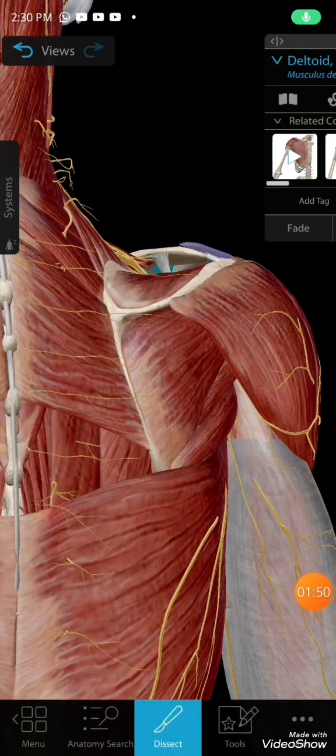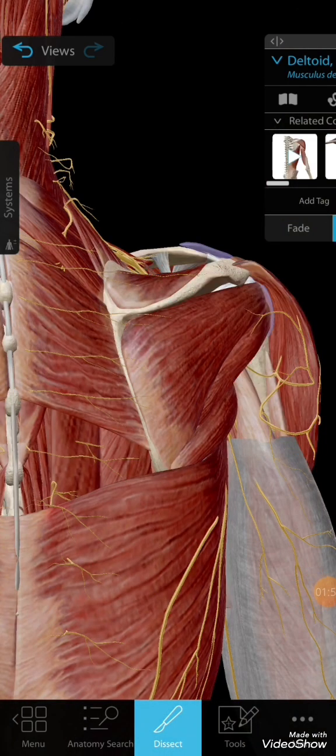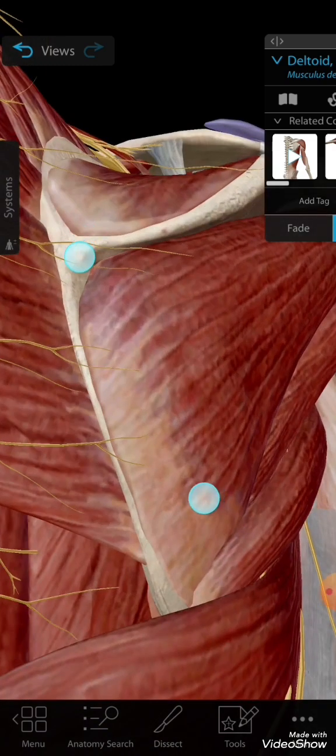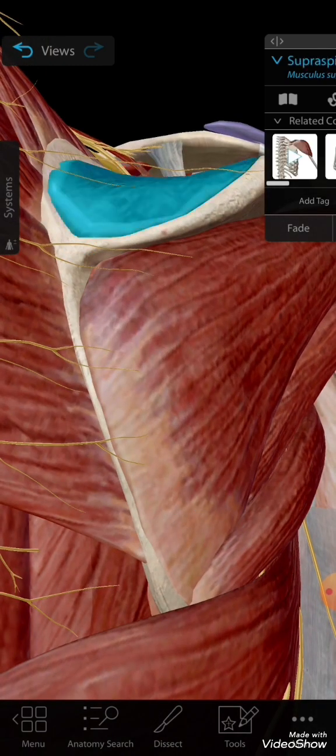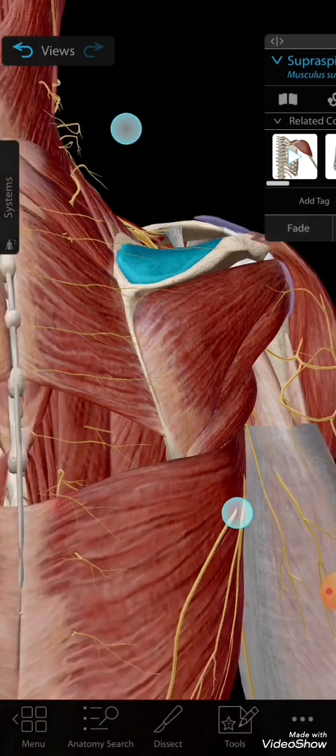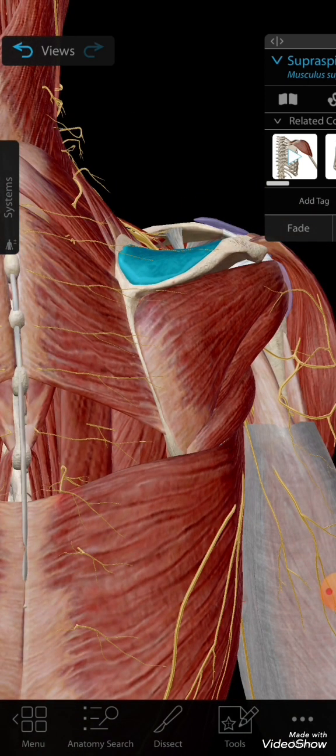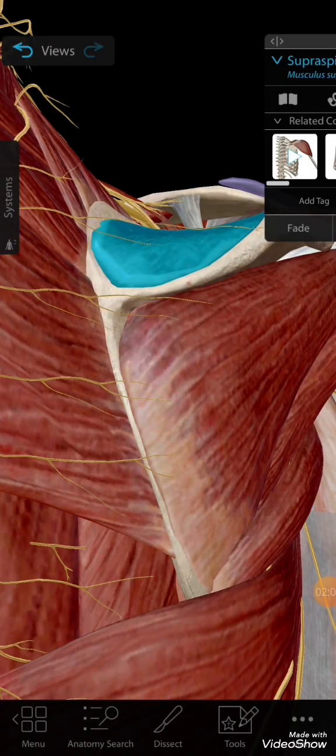Now I have to remove this, and let me enlarge, and you can observe the supraspinatus muscle. This supraspinatus muscle is located in the supraspinous fossa. So the medial 2/3 of this fossa gives origin to it.